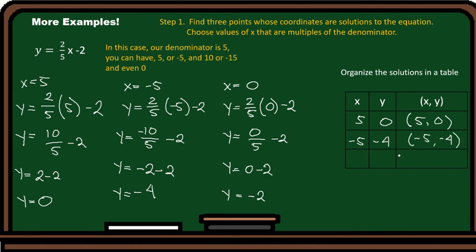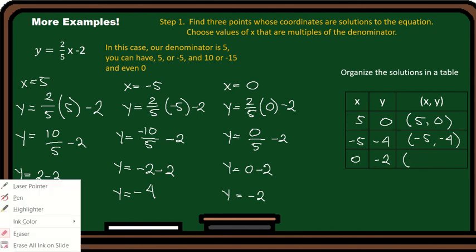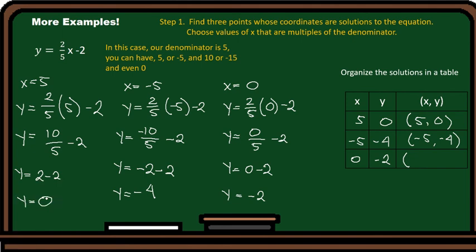Next, if your x is 0, your y is negative 2. So we have negative 5, 0 rather, I'm sorry. Erase natin yan. So your x here is 0 and your y is negative 2.